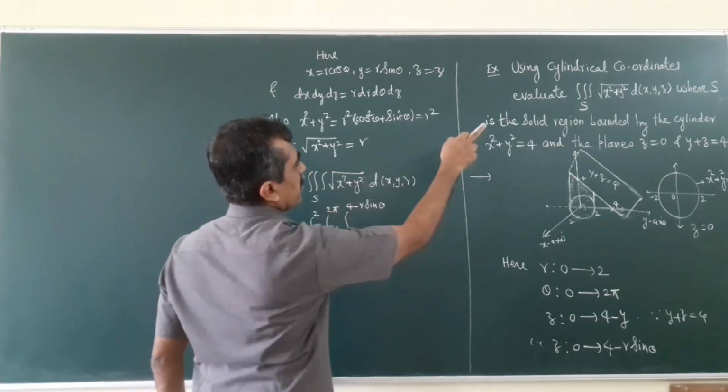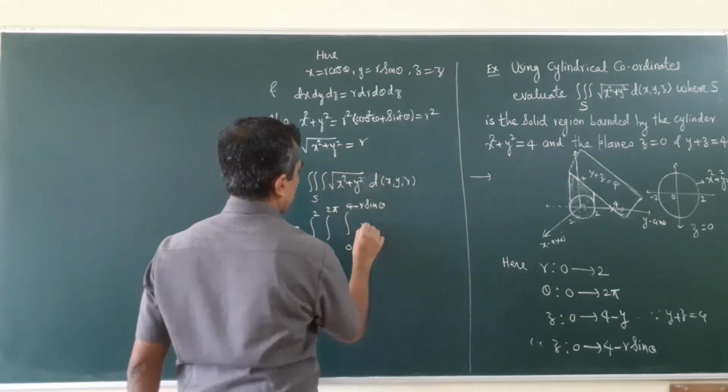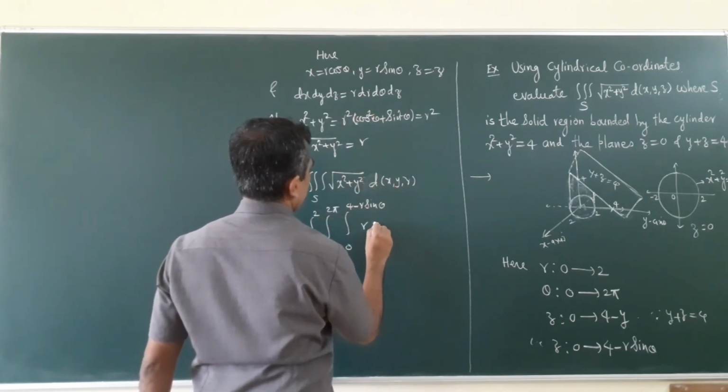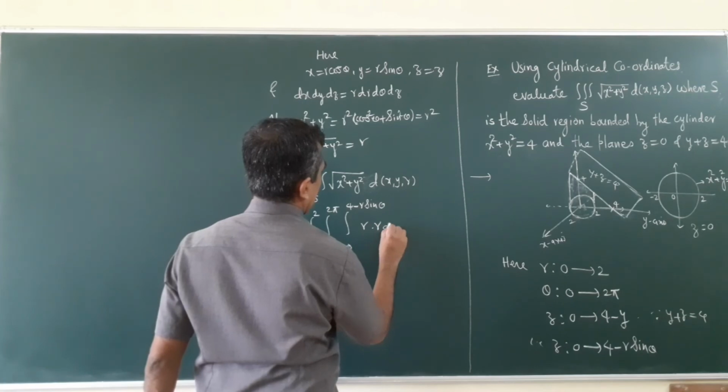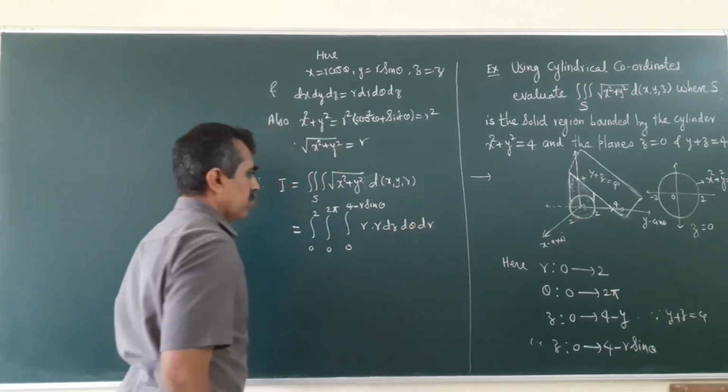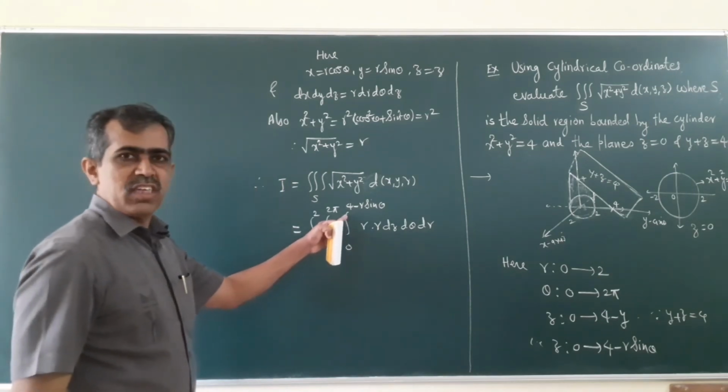The integrand under root x square plus y square is r, and dx dy dz is r dz d theta dr, because the innermost integral is about z.